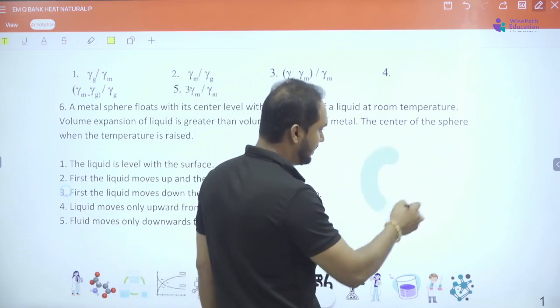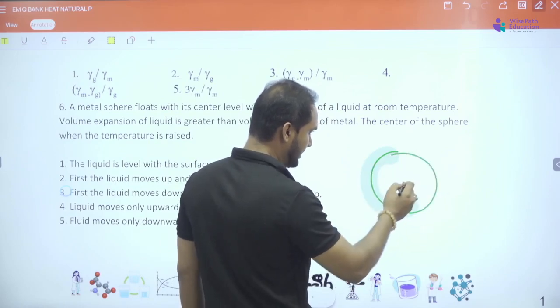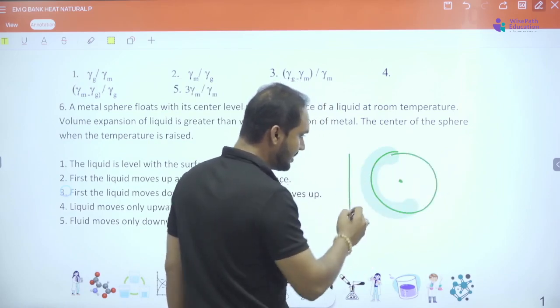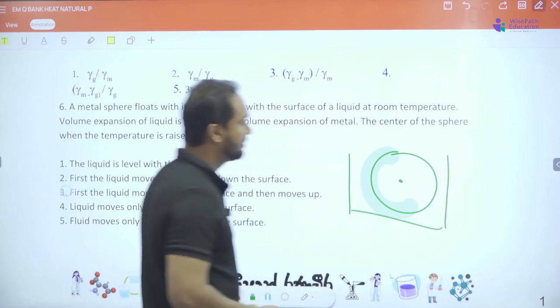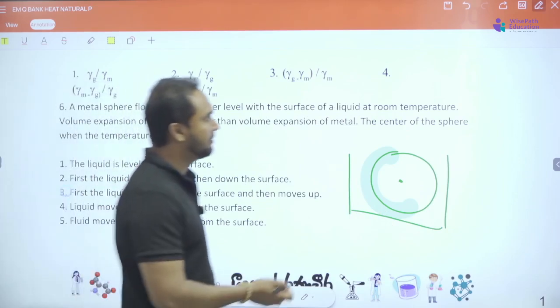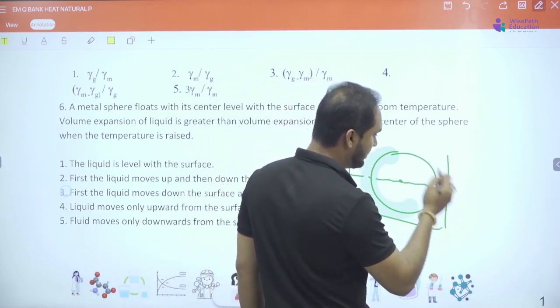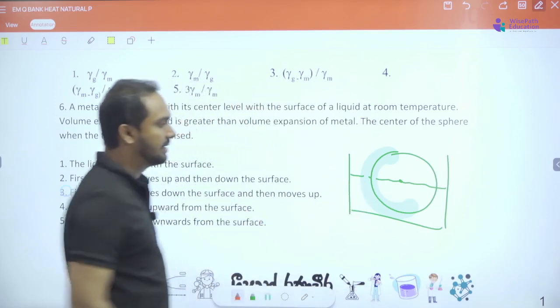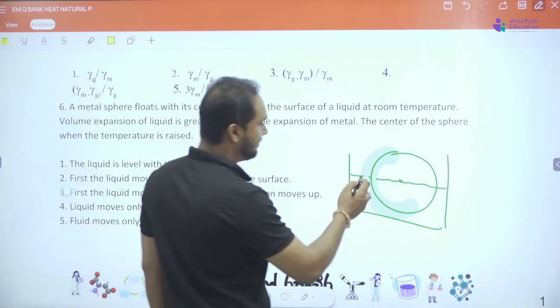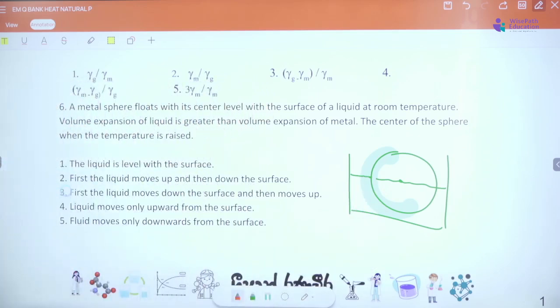So there's a sphere, and the question says a metal sphere floats with its center level with the surface of a liquid. This is the surface of the liquid, and the center is level with it, right? And it's at room temperature.